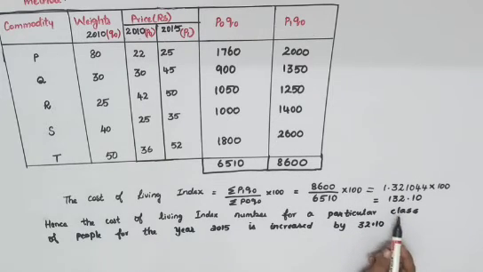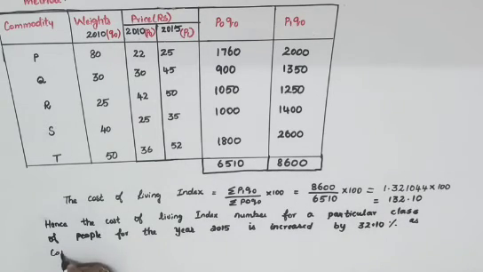That is for percentage, you have to find it. So 100 you can take as the percentage, and in that see how much is increased. So 32.10 is increased in your 100. So 32.10 percent as compared to the base year, 2010.